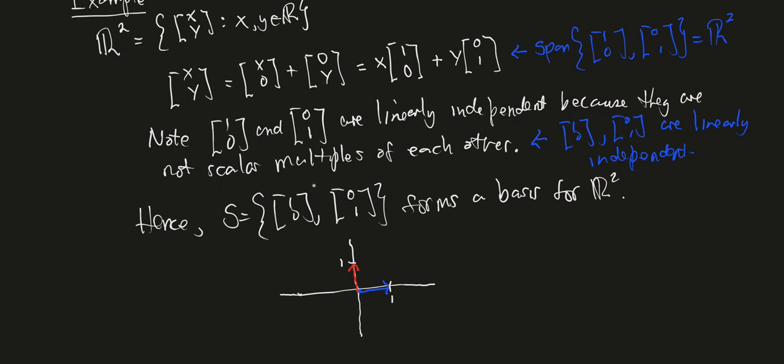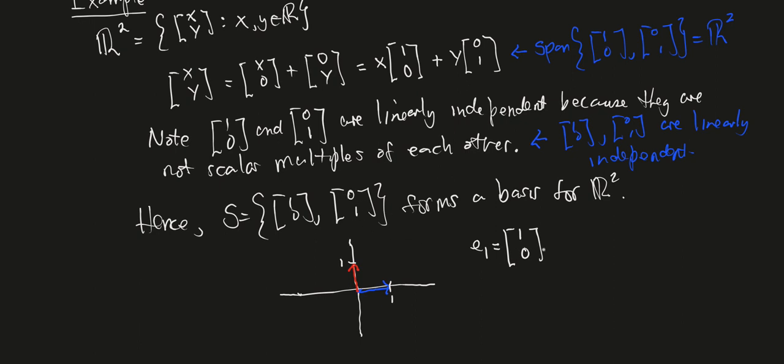Well, in linear algebra, we tend not to use i and j, and you might also know k, and I'll talk about those in a little bit. But instead, we use a slightly more general description for these standard basis vectors. We refer to this vector here that has a 1 in the first position and then a 0 in the second position as e1. So e1 is the vector 1, 0. And like I said, some of you might know this as the vector i.